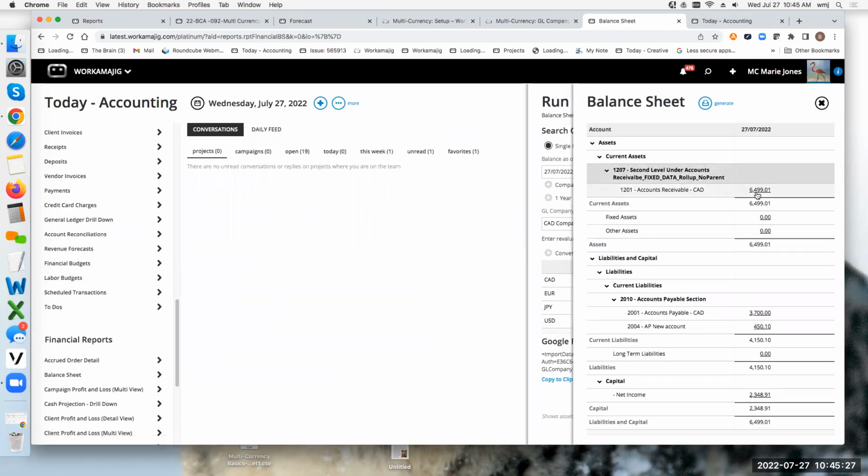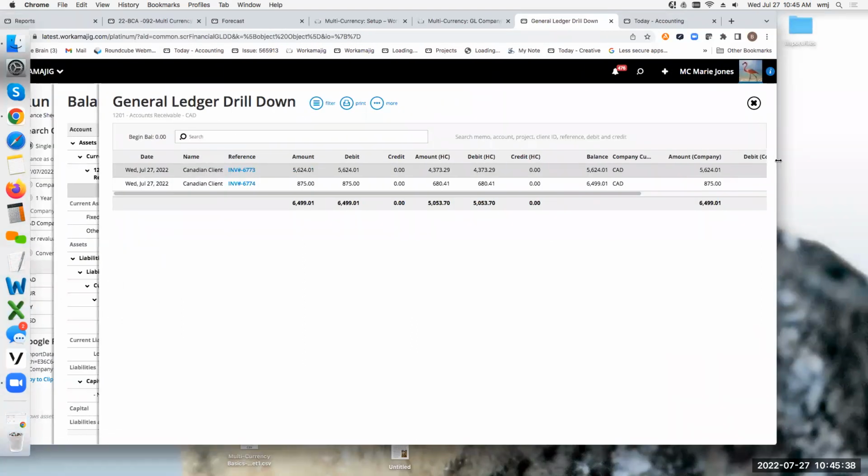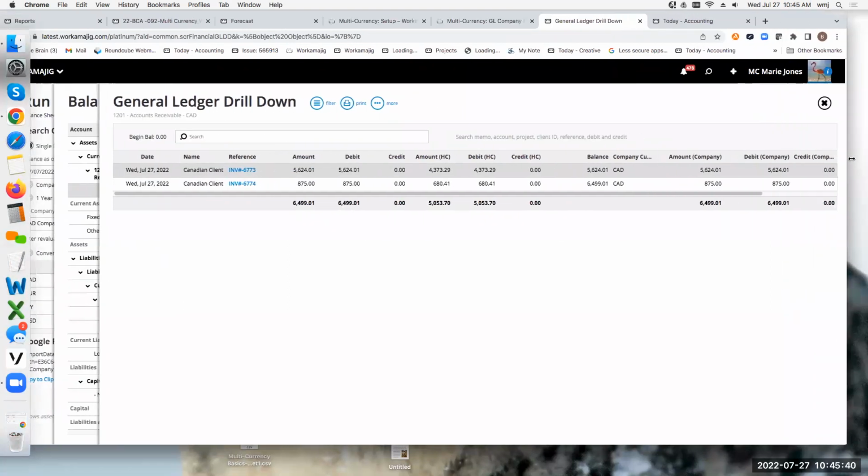So what happens now is, of course, I'm looking at these values in Canadian dollars. When I do the drill down, you will now have a couple extra fields in here.